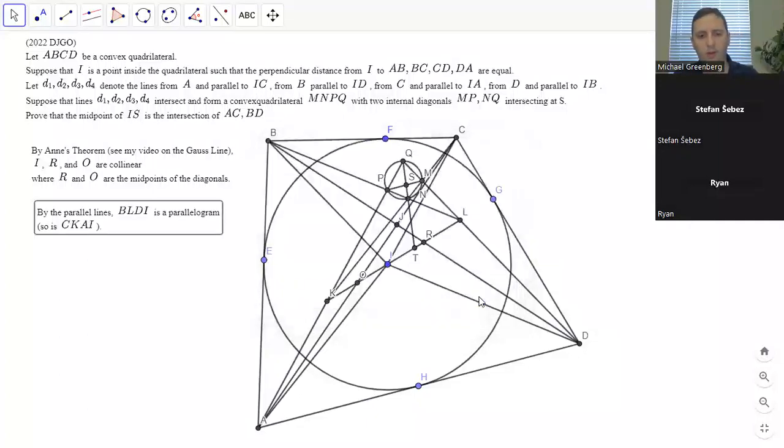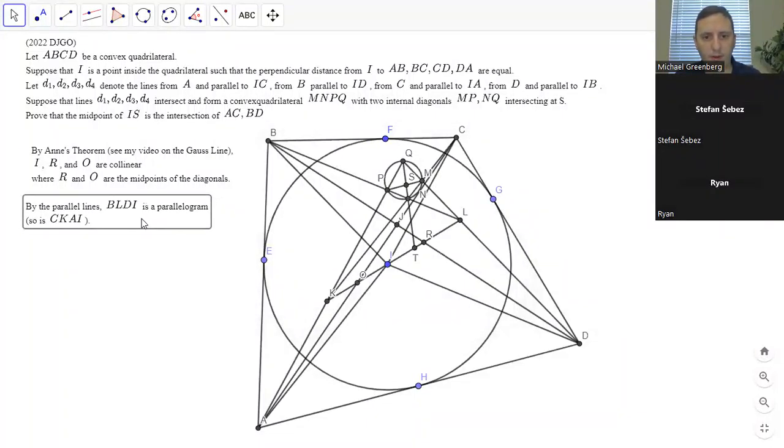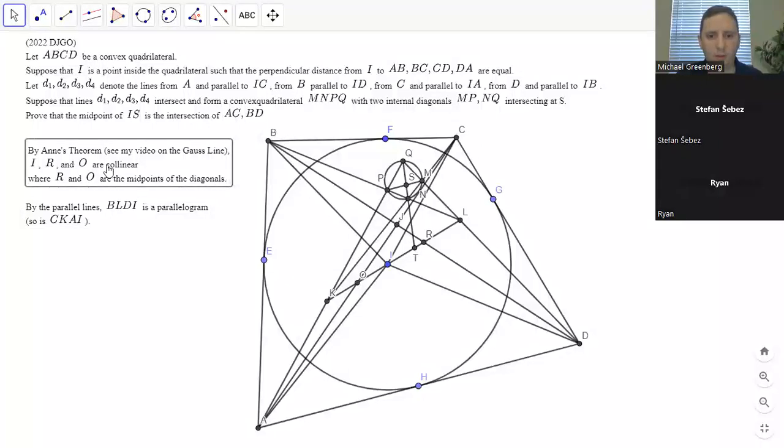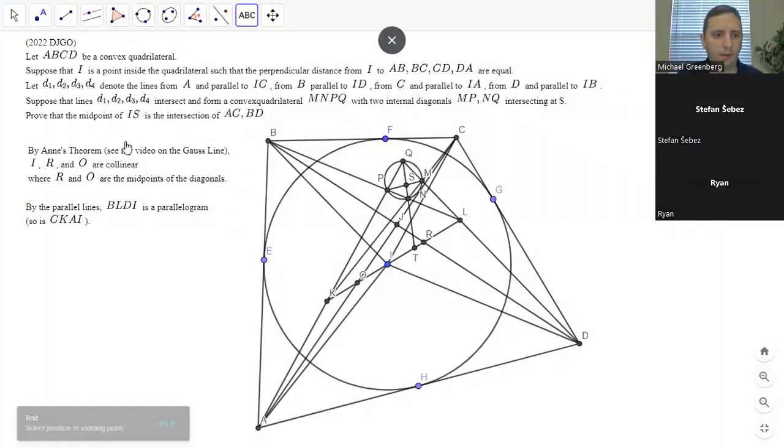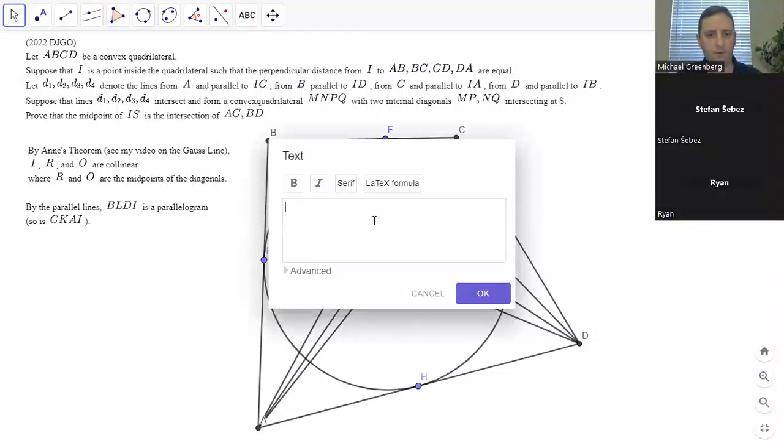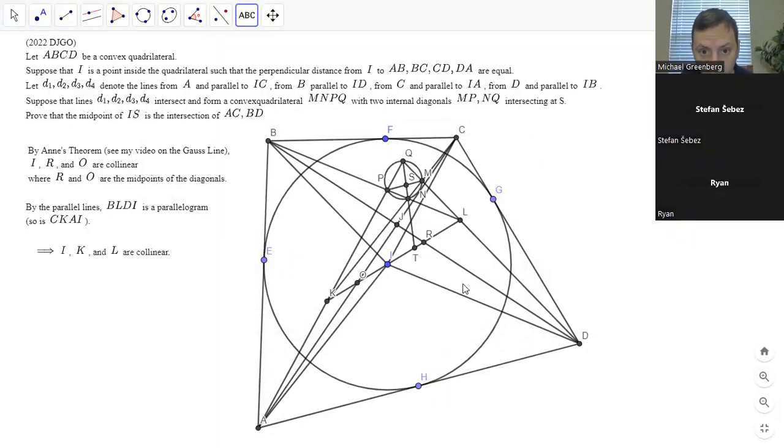So that implies I, K, and L are collinear. And then we want to show a homothety. We want to show LS is parallel to RJ.